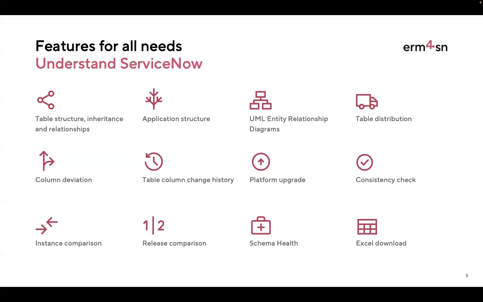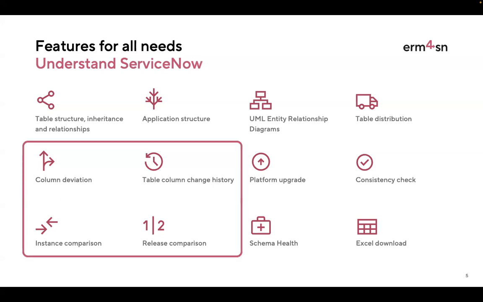It has a schema health feature, and of course, one can download all those reports in Excel format. In this webinar, where it's about instance drift, we're going to focus on column differences over time, schema changes over time, and instance comparison.